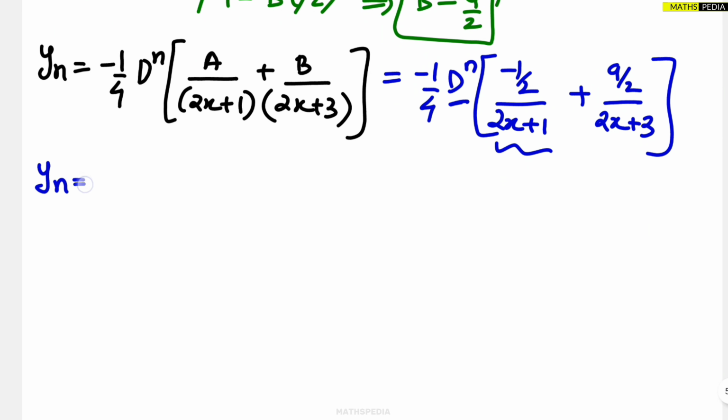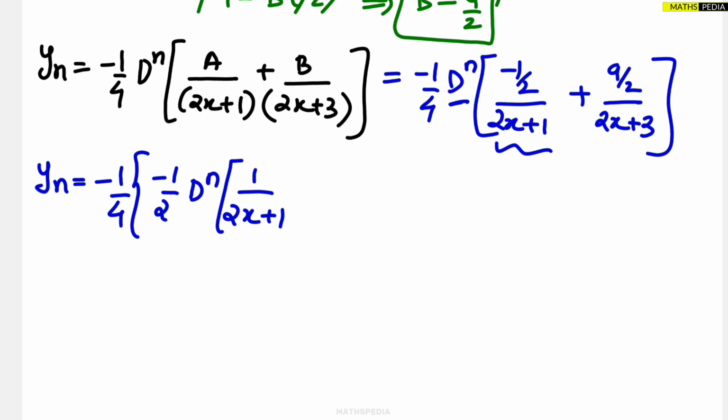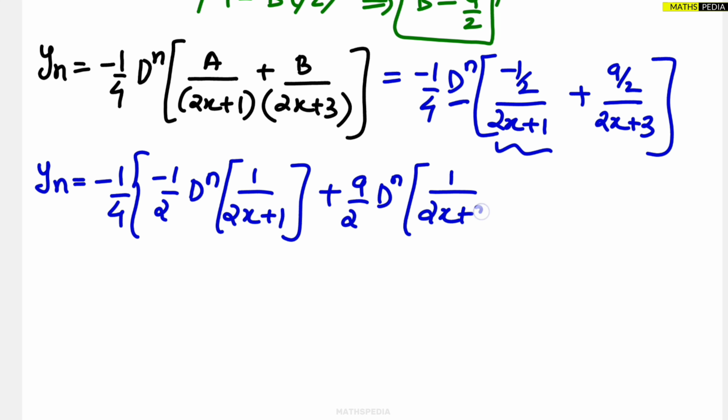So yn is equal to nth derivative, minus 1 by 4 as it is. Now d power n will take individually, separately. So minus 1 by 2 outside, nth derivative of 1 by 2x plus 1, plus 9 by 2 outside, nth derivative of 1 divided by 2x plus 3.